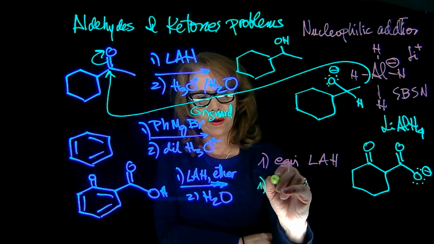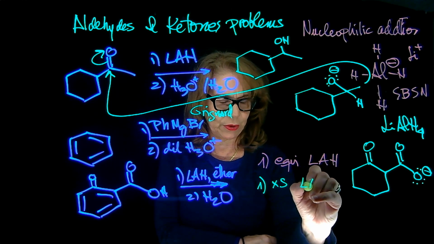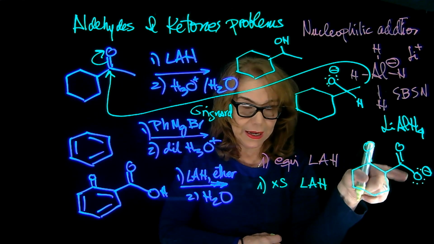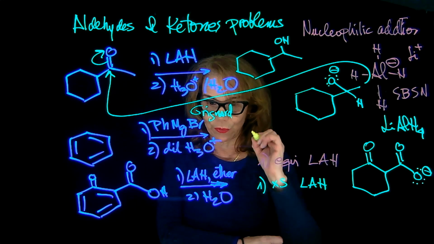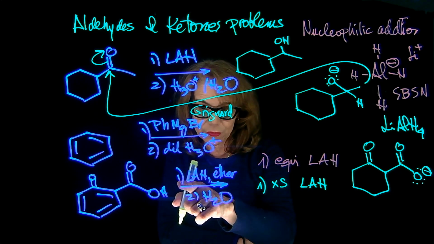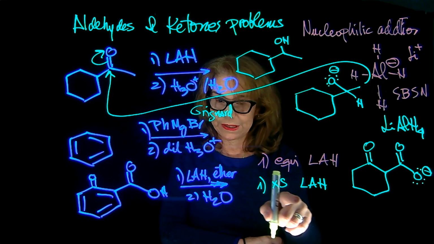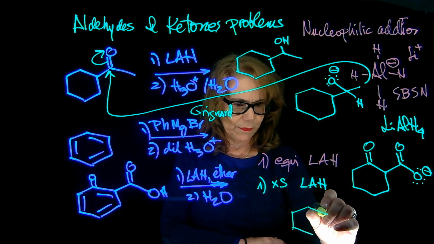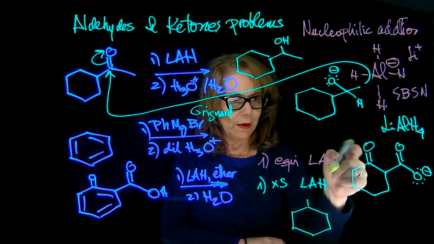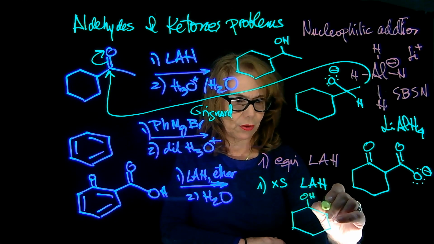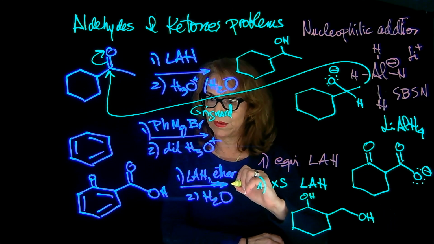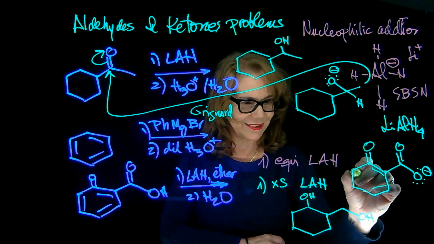If you have an excess of lithium aluminum hydride, then it is capable of reducing the ketone and also the carboxylic acid. So if you're treating this with an excess, the answer is going to be different. In that case, you will reduce the ketone to the secondary alcohol and the carboxylic acid to a primary alcohol.